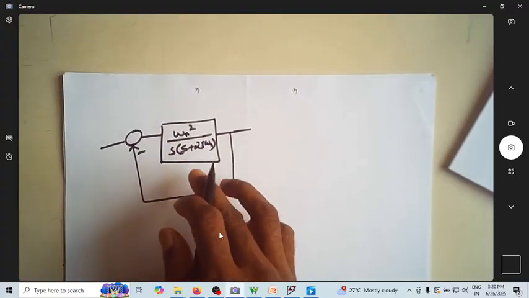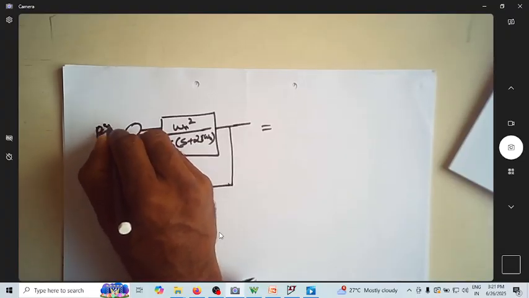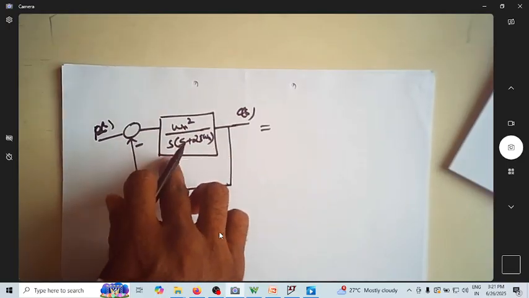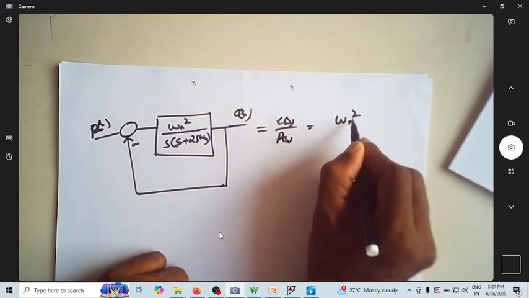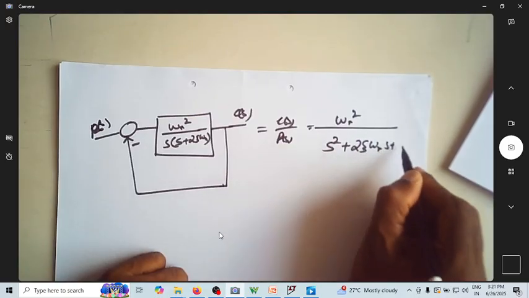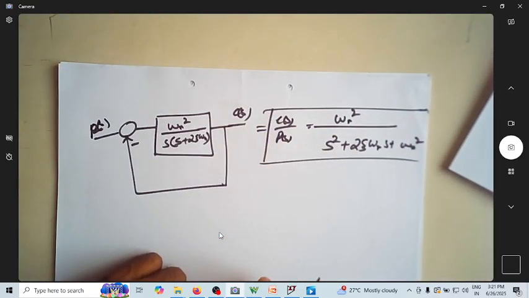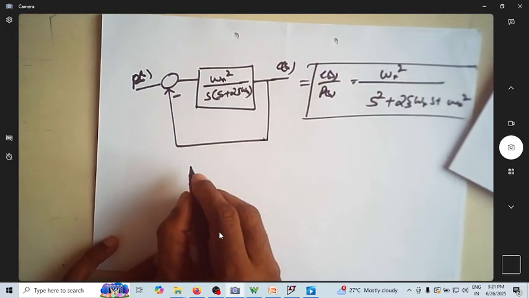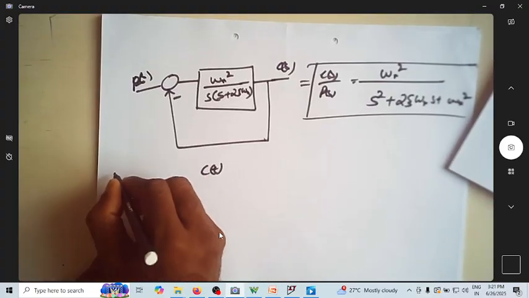This is R of S, this is C of S. If you consider the closed loop feedback system, then C of S by R of S will become omega n square by s square plus 2 zeta omega n s plus omega n square. So this is my second order standard equation.